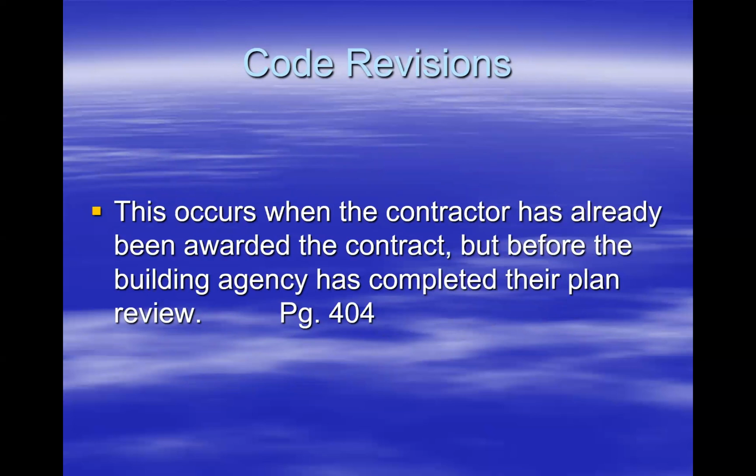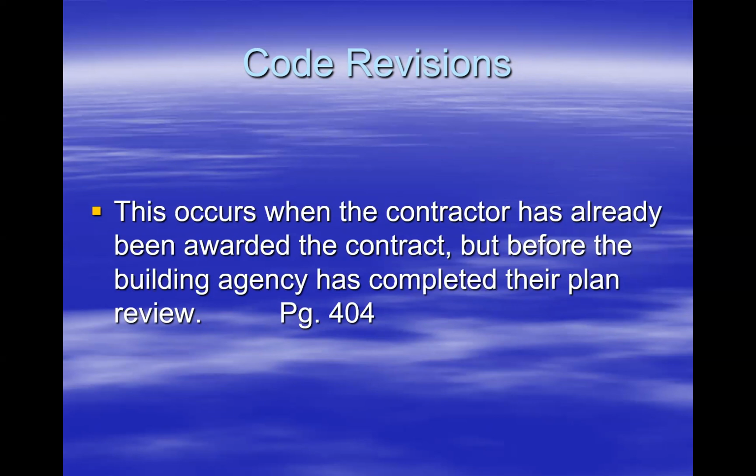This can get a little bit tricky, because in the event that you are required to put work in place that differs from the code required when you bid out the project, then that could potentially cause a contractor to have a claim on additional costs.